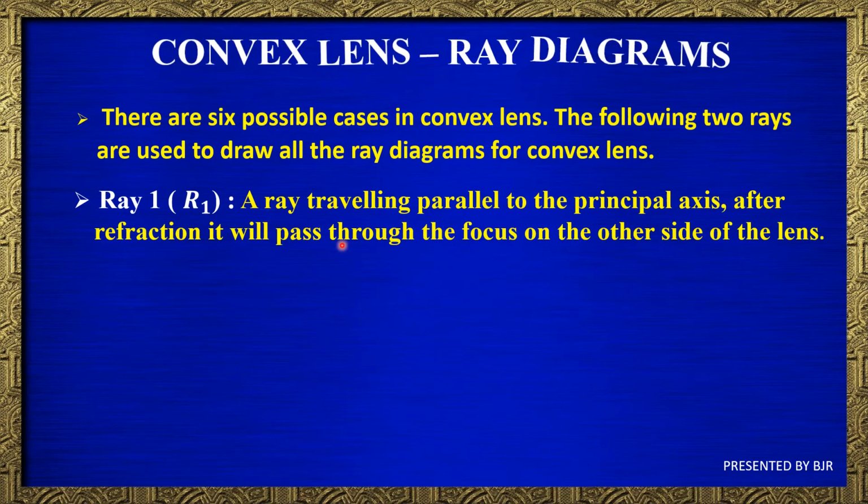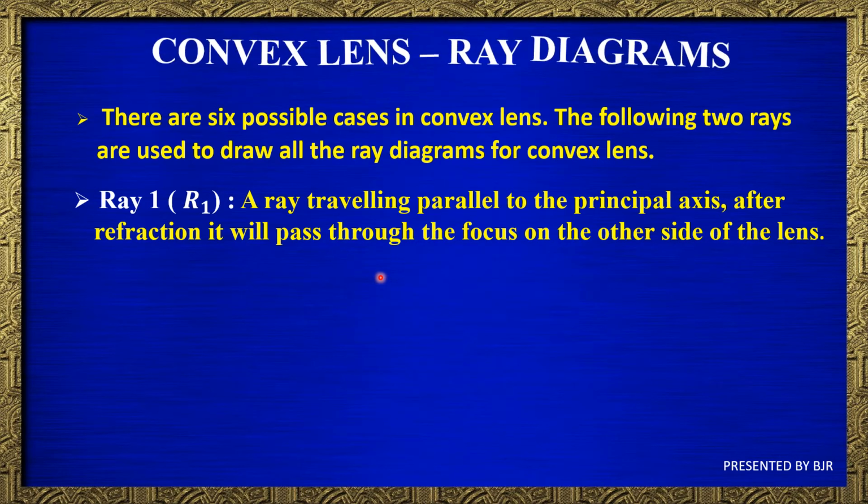This is the first ray I am going to take from any point on the object. We have to draw 2 rays from any point on the object in order to trace the rays to locate the position of the image formed. So this is the ray 1 I am using. I already explained the behavior of this ray in my previous video.